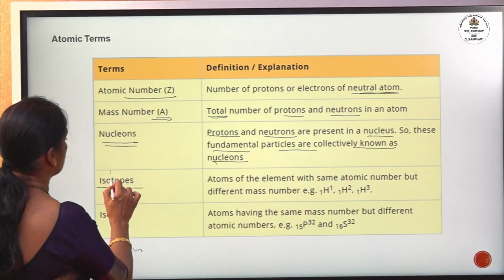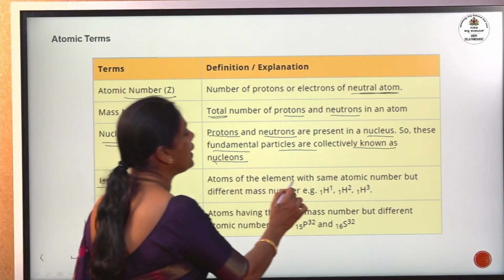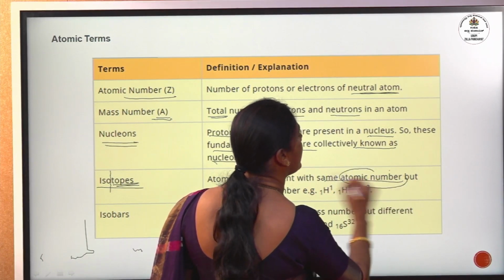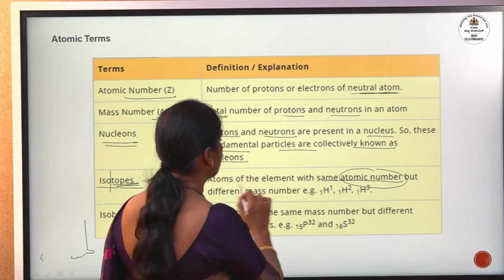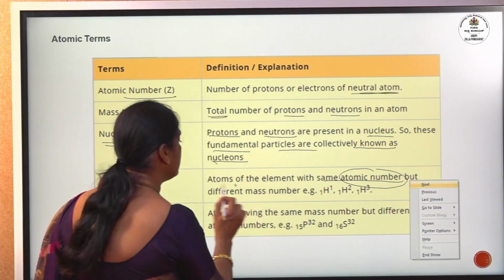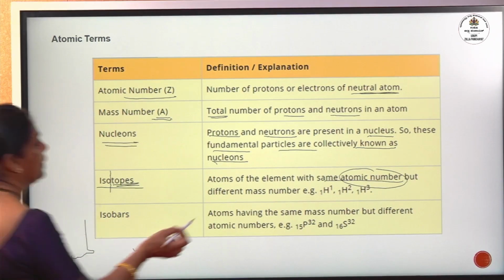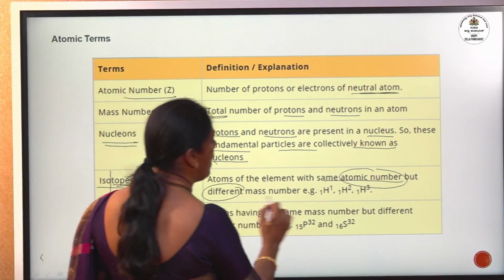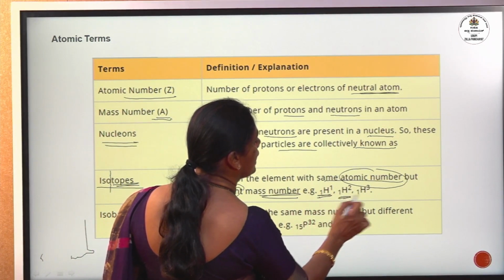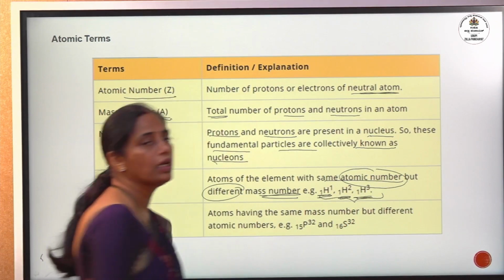Isotope: iso means same, topos means place. So atoms of the element with the same atomic number, because place is given based on the atomic number, but different mass number. For example, if you take 1H1, 1H2, 1H3, the isotopes of hydrogen.